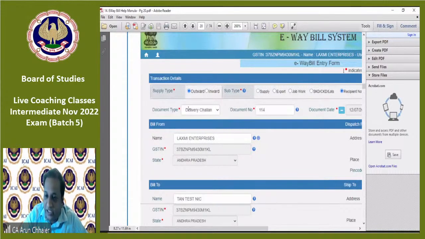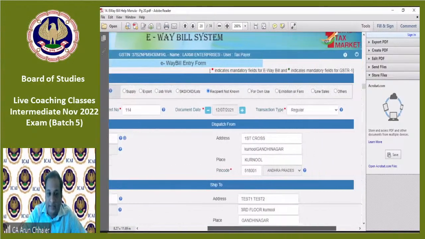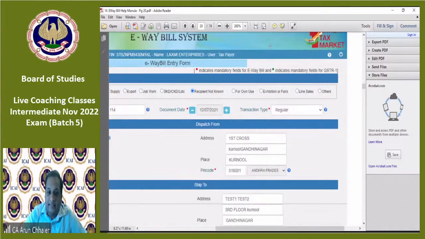It can be a delivery challan, a tax invoice, a bill of supply or a bill of entry, with the document number and document date. Then you select the transaction type. Here we will discuss the bill to ship to model as well. What is the concept of the bill to ship to model?